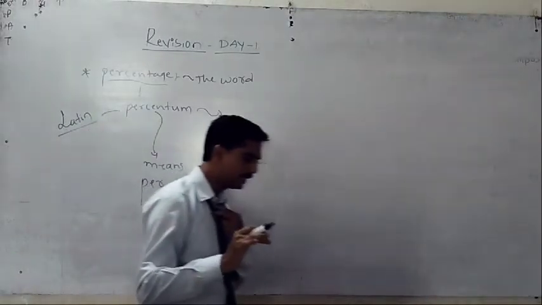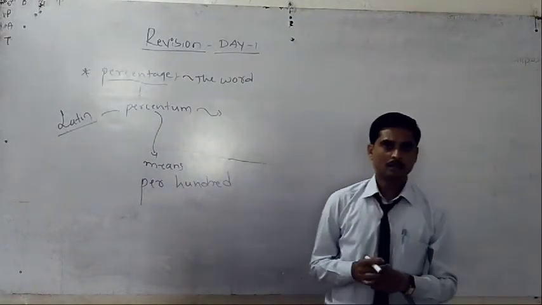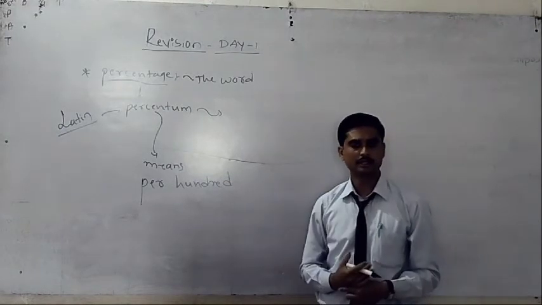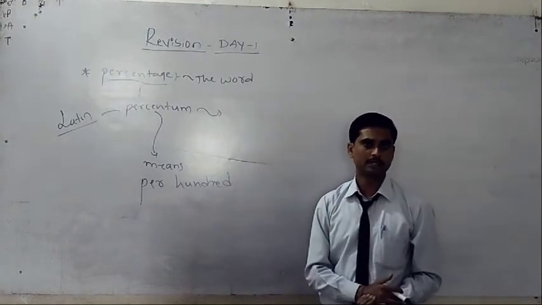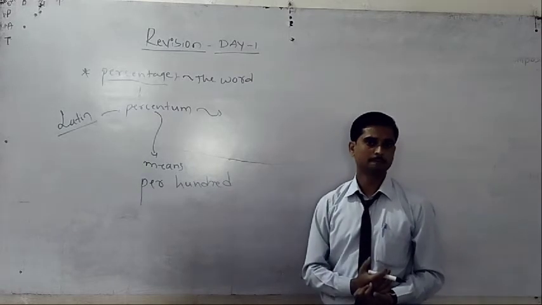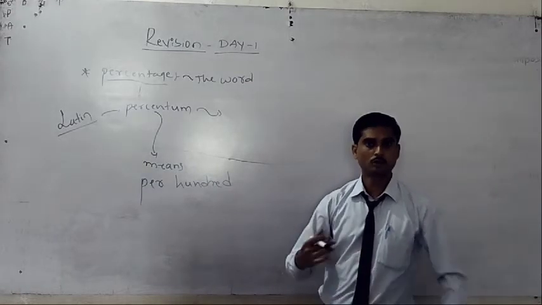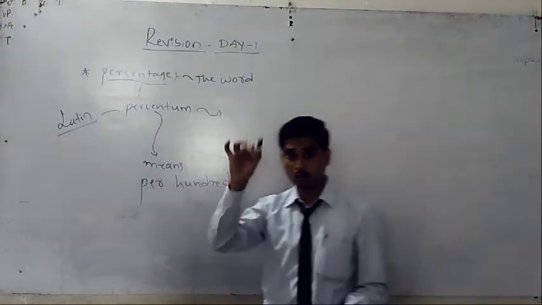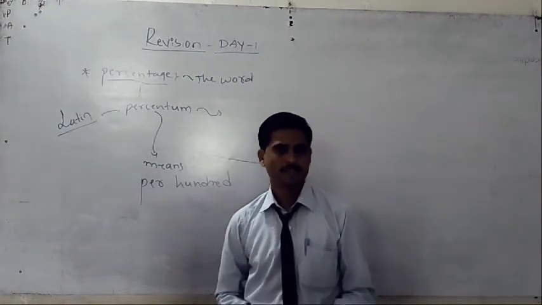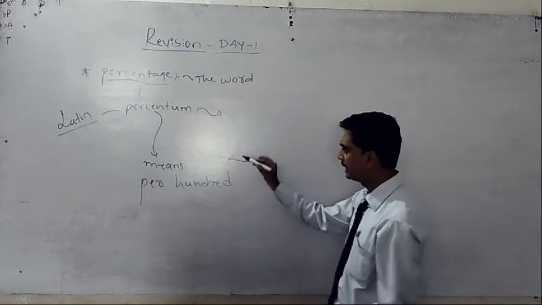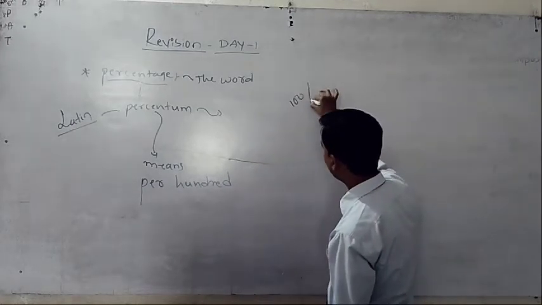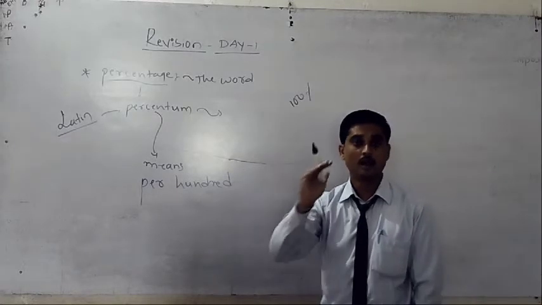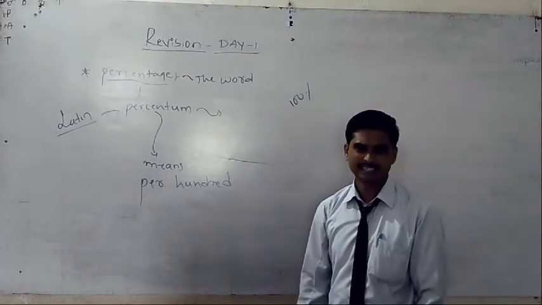Then your percentage, we are telling your 99 percentage, 79 percentage, 75 percentage, 95 percentage. We are telling that now you got 95 percentage. But we are not telling you got 200 percentage. No. Percentage is always out of 100 only. Okay. Per 100, how much? This is the percentage.